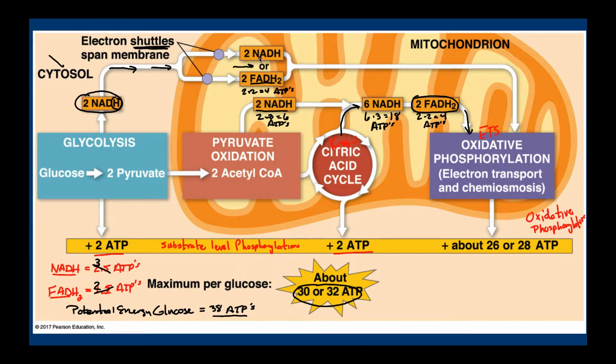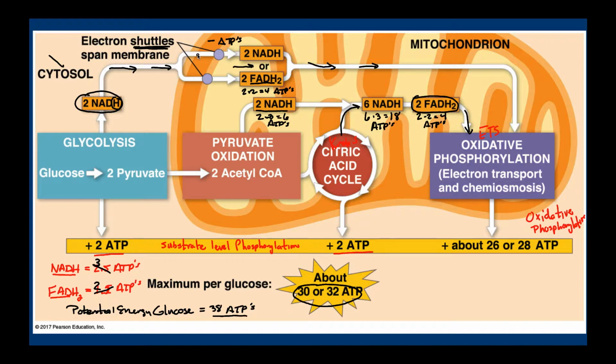Okay? And then for the 2 NADHs, for these shuttles to work, we could say that it also costs the cell 2 ATPs just to shuttle those electrons to be picked up by NADH within the mitochondrion that then can go to the electron transport system.